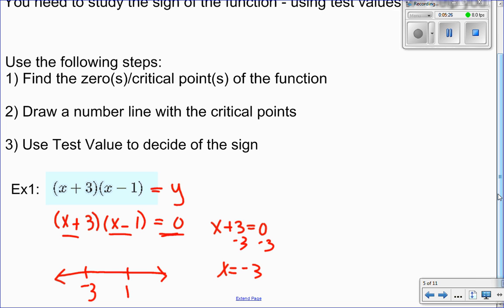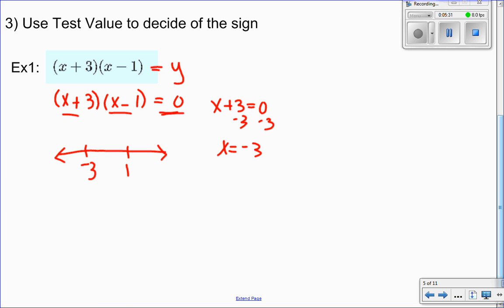Okay, so without having to draw the graph, we can actually find the sign analysis of this function. So once we have the zeros, we put them on our number line. Now we need to test each interval. So we can choose a number less than negative 3, and we can plug it in the function. So say we choose negative 4.